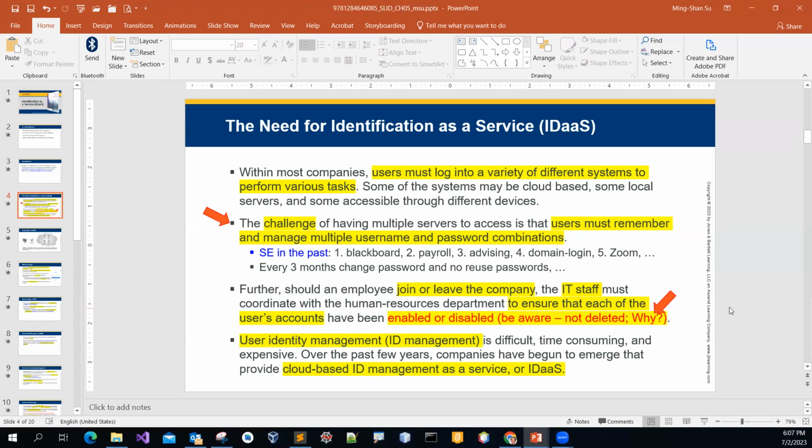Well, here are some situations. You never know, maybe this employee a month later, 3 months later, 6 months later, a year later, comes back to work for the same organization again. Then in that case, you don't need to recreate the account for that user if the user is working on the same tasks.